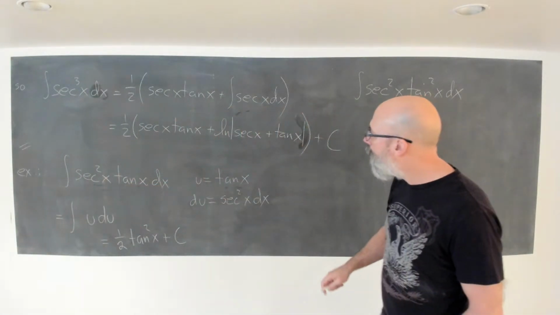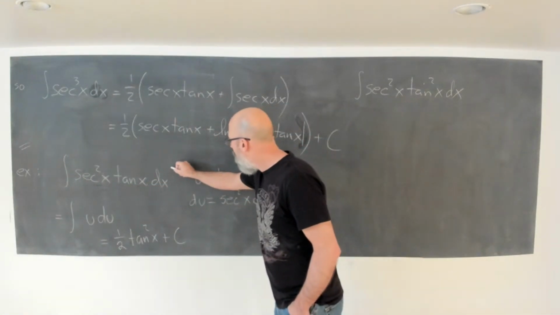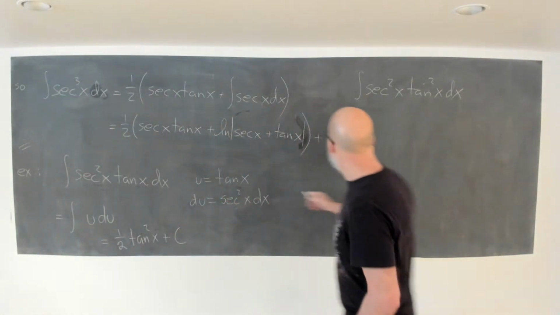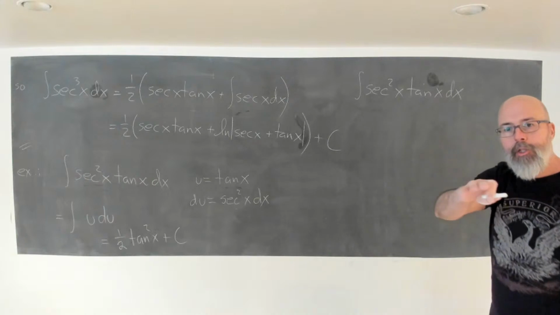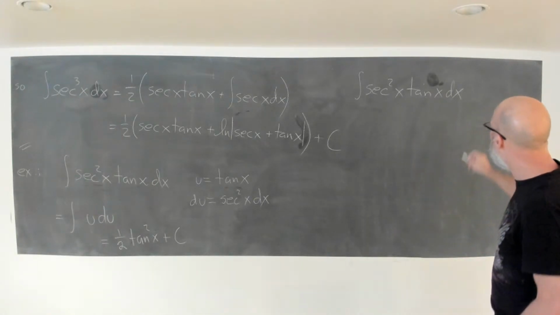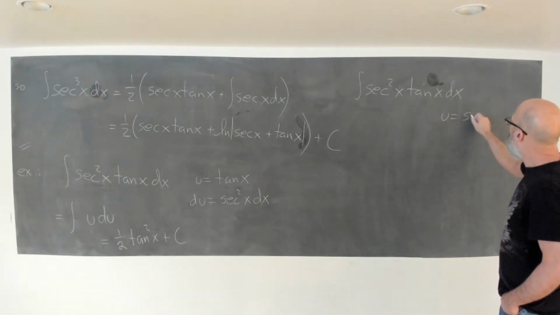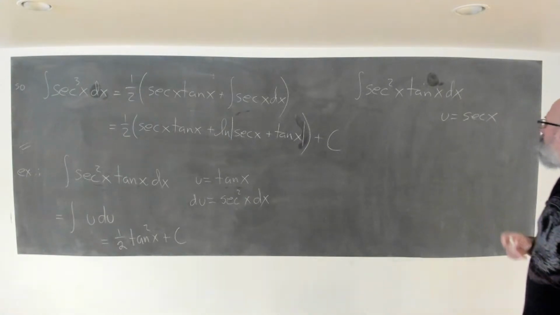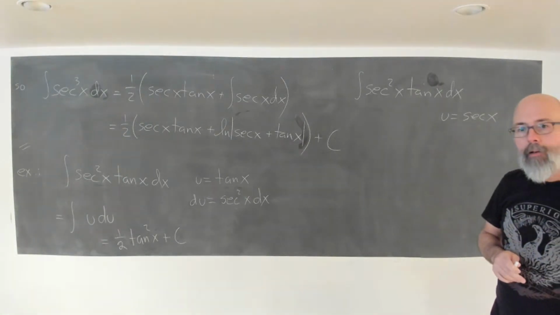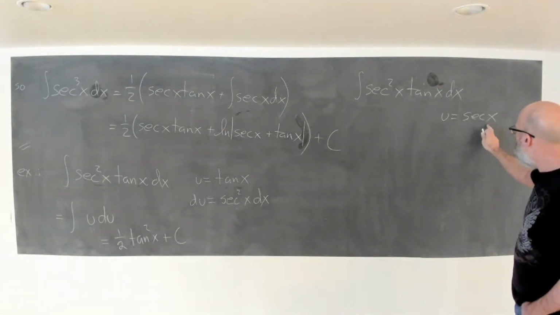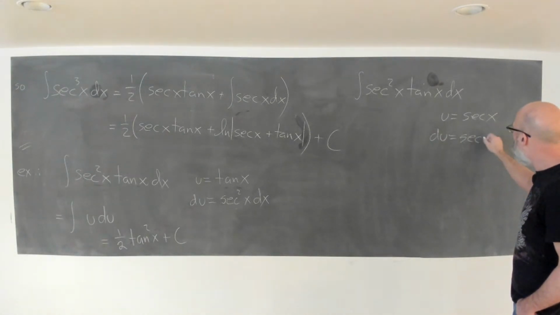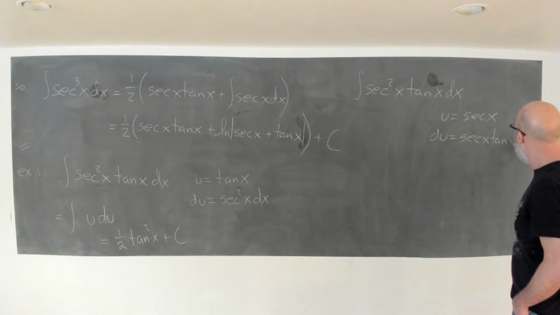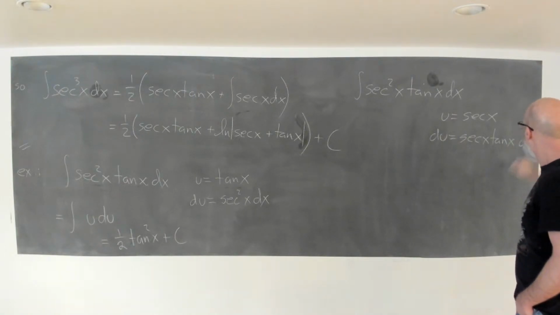And why don't we take a moment to discuss that? So let's redo this exact question as Sophie suggests and make a secant substitution instead. If u is secant, what is du? du is secant x tangent x dx.